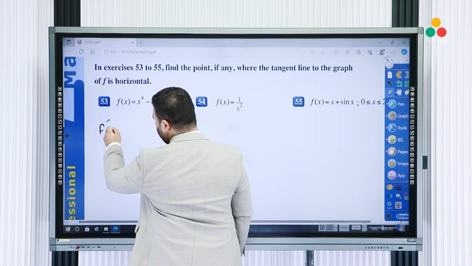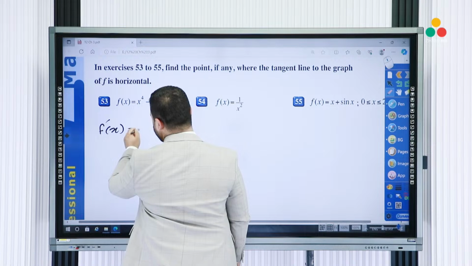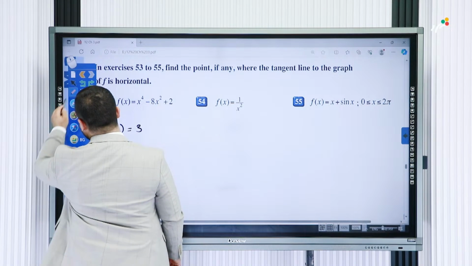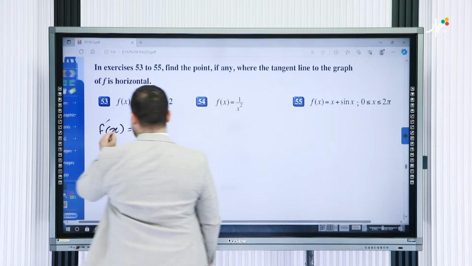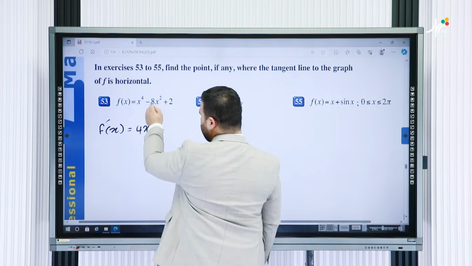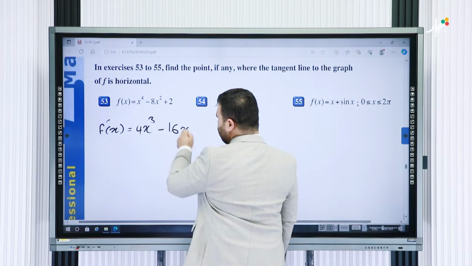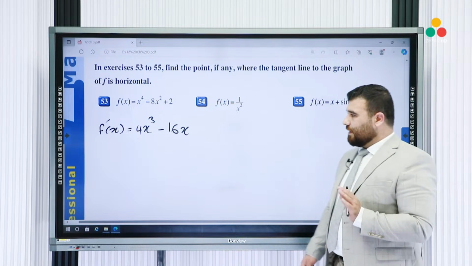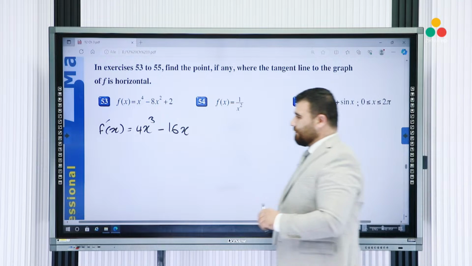What do we do? Find f prime of x equal to 4x power 3 minus 16x. Derivative of 2 is 0. This is the derivative. Now it's equal to 0.